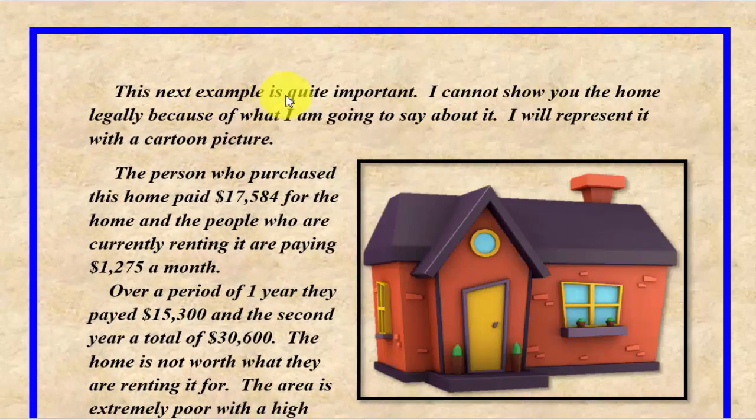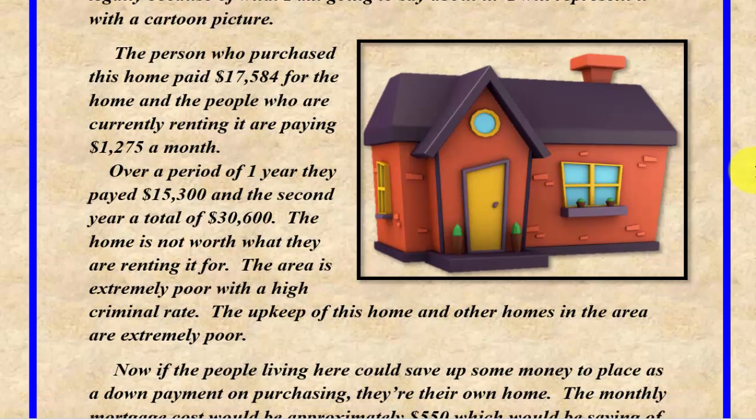The next example is quite important. I cannot show you the home legally because of what I'm going to say about it. I will represent it with a cartoon picture, as you can see. The person who purchased this home paid $17,584 for it, and the people who are currently renting it are paying $1,275 a month.